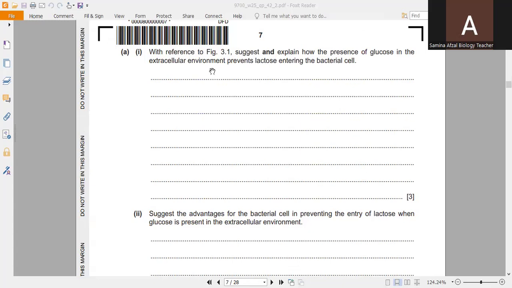So I would like to write it for 3 marks.